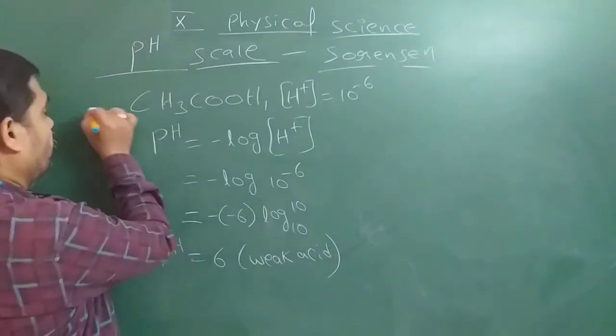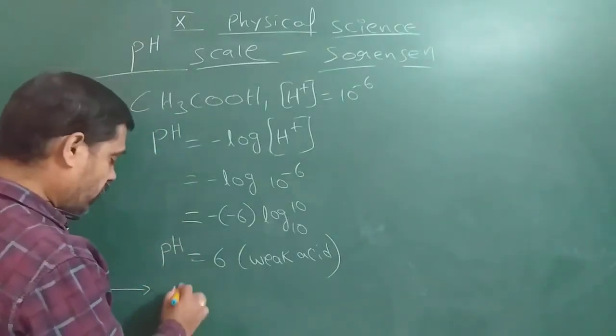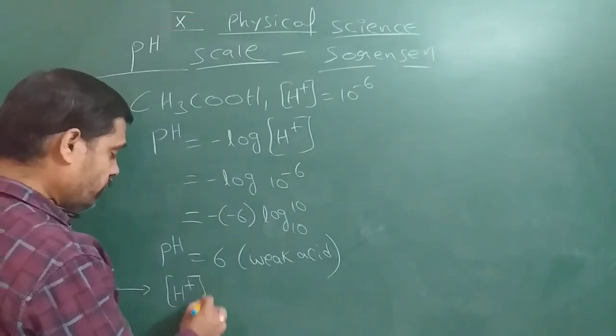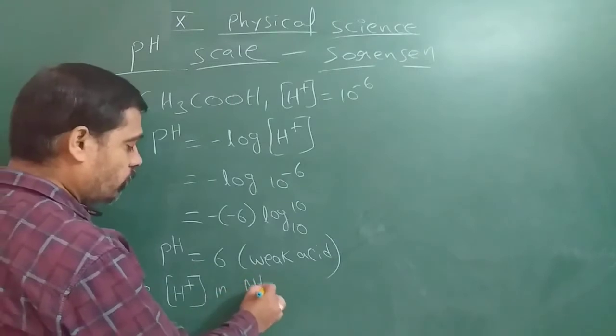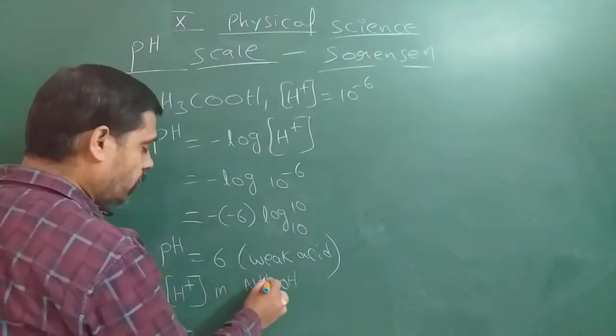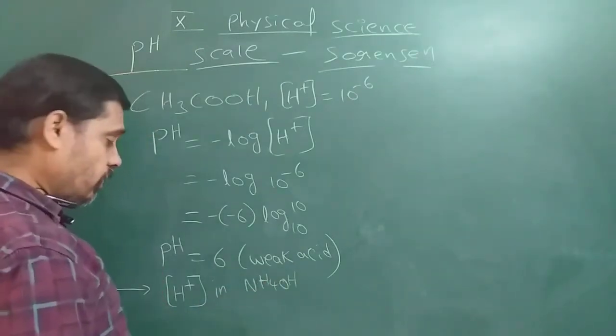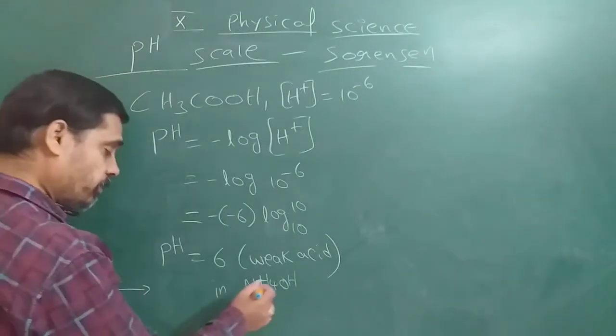Now let us go for one more. Here, if the H plus ion concentration in ammonium hydroxide... they won't mention the H plus ion concentration here because it is a base.